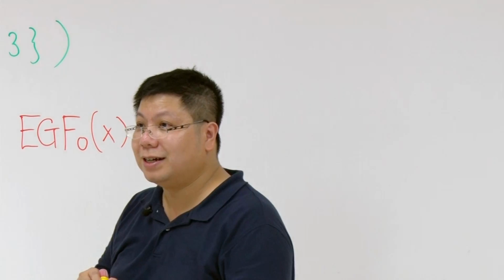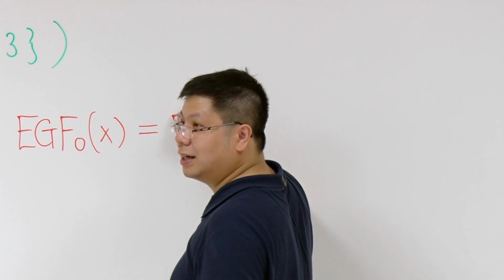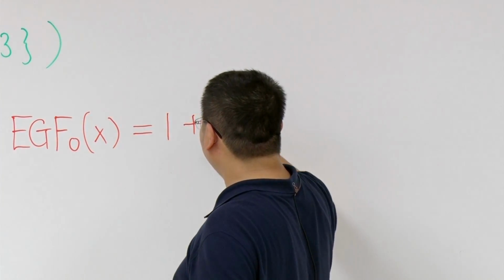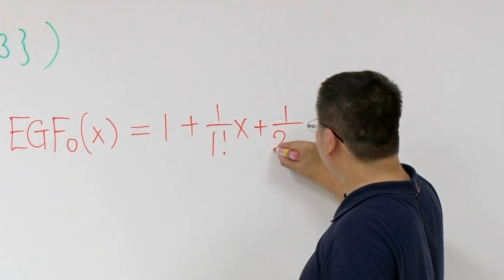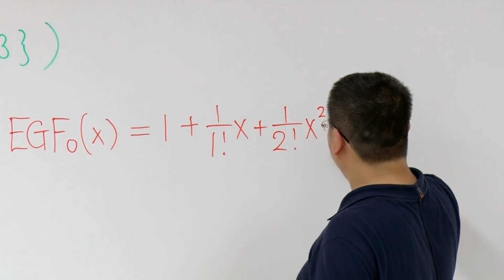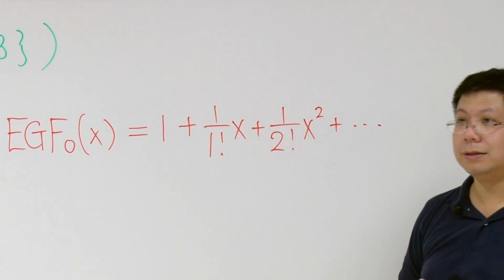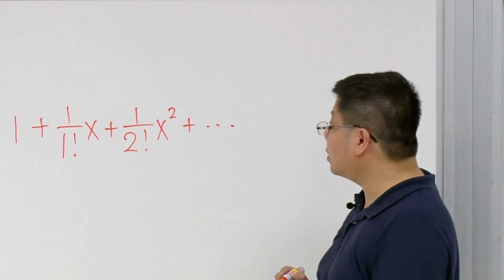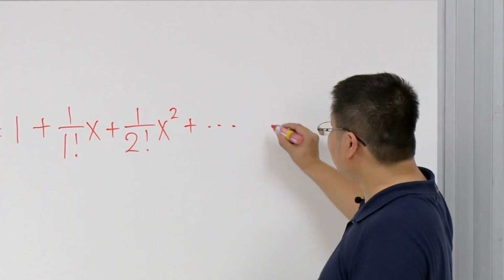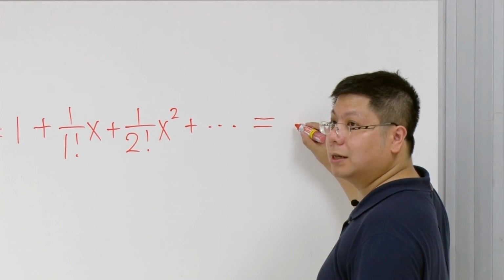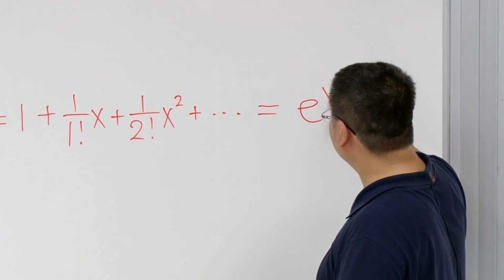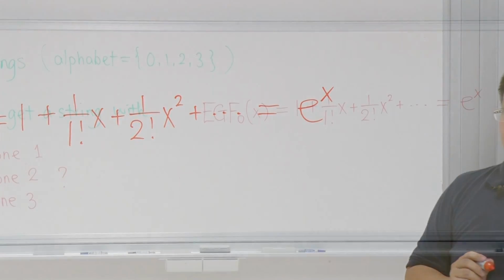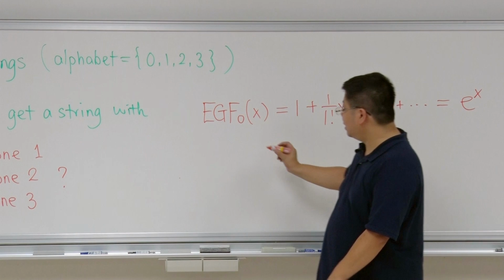So what would that be? That would be 1 everywhere, right? Is that okay? So this is the so-called EGF for 0. So EGF for 0 is going to be, what is it? e to the power x. Am I correct? Good.